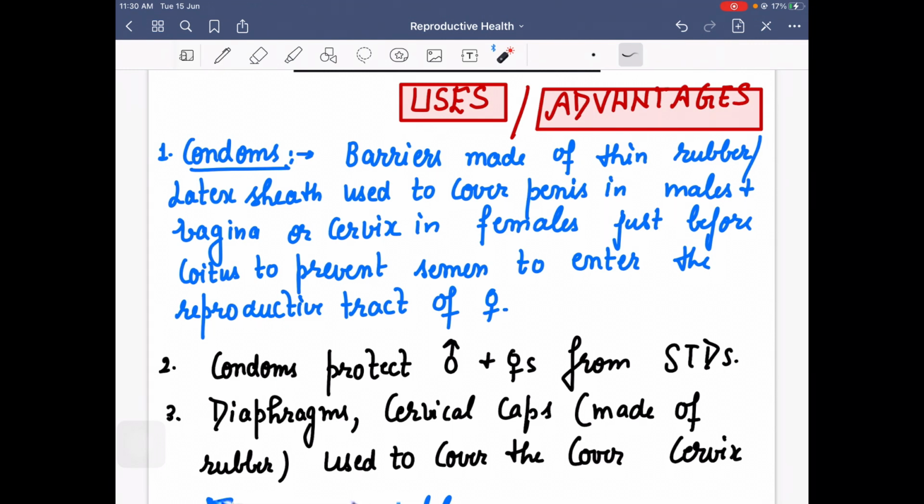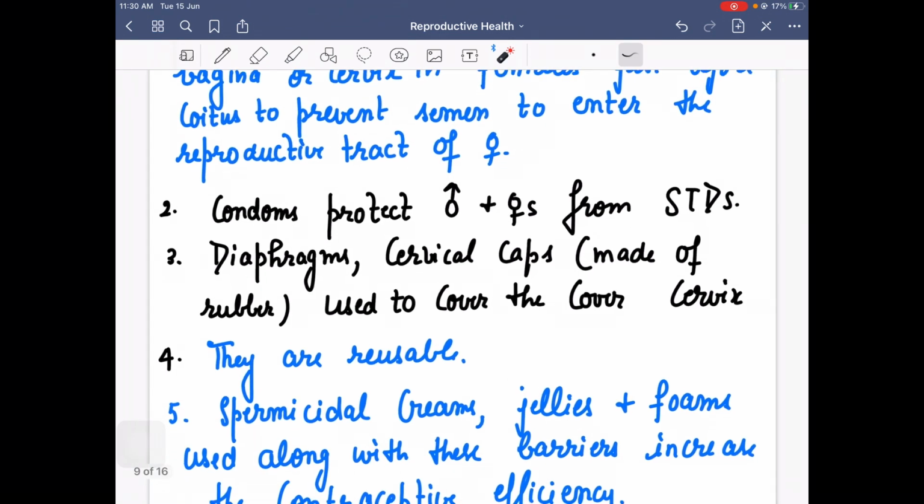It is a temporary barrier, so that the egg and the sperm should not come in contact, right? So to prevent the semen from entering the reproductive tract of the female. So that is the first use of the barrier method.